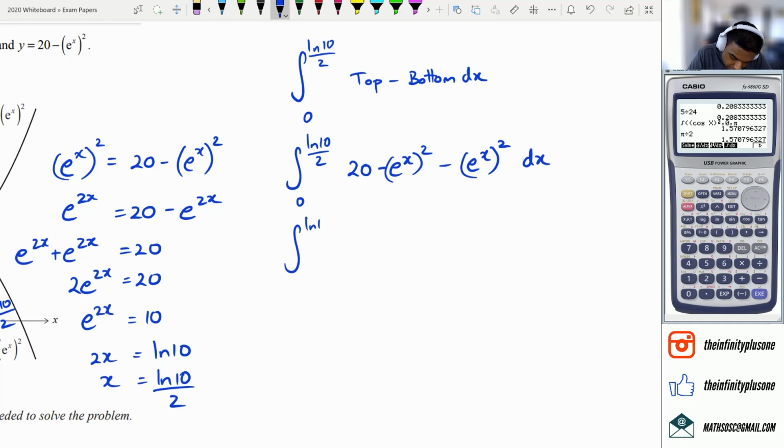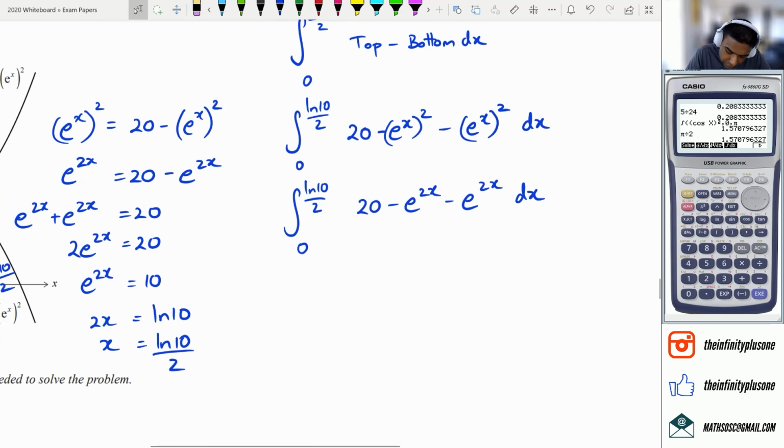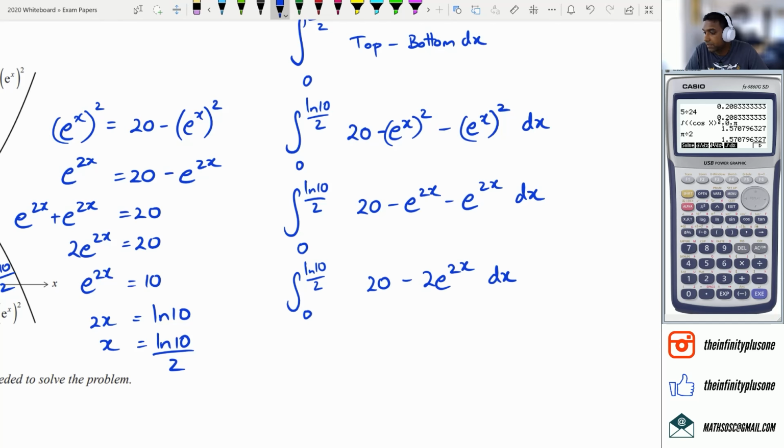So we've got 20 minus e to the power of 2x minus e to the power of 2x dx. Putting this together, I get 20 minus 2e^2x dx. So far so good.